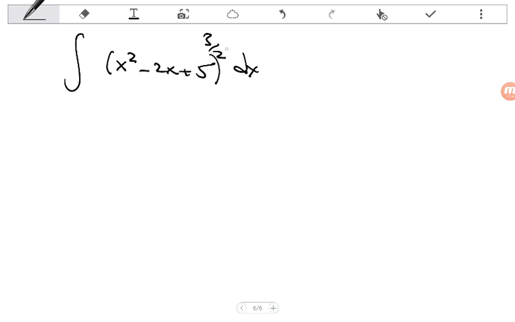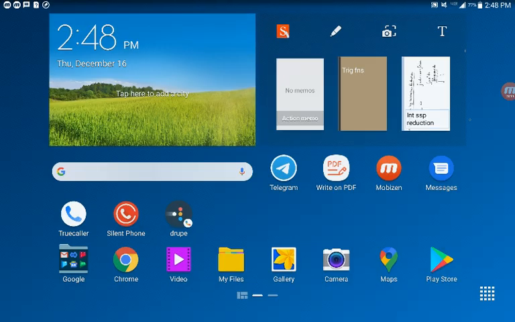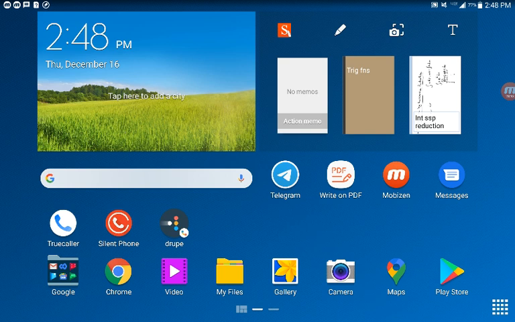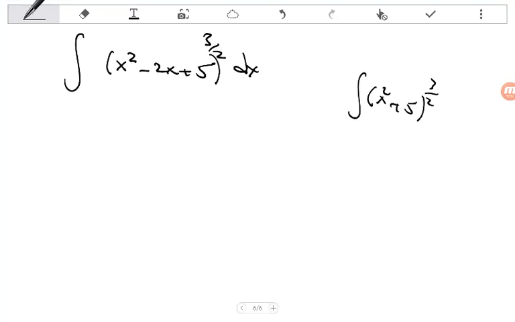If we have an integral like this, here we have a root and a quadratic form like this. Now, if it was the integration of x squared plus 5, power 3 over 2, we would have used the substitution root 5 tan theta.